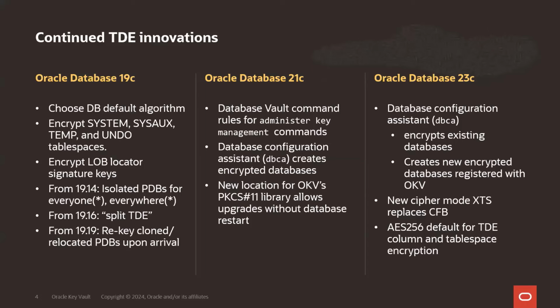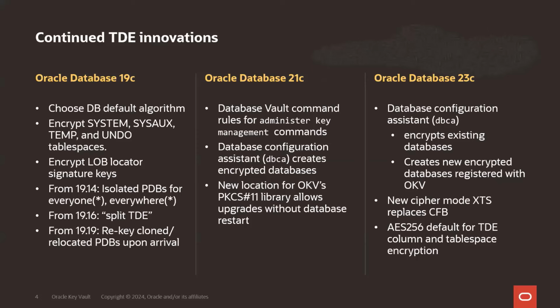And the source PDB is encrypted with AES 128, but you would like to use AES 256. You can rekey this PDB on the fly, and by the time the relocation or the cloning process has completed and the PDB is in your target container, it will be encrypted with AES 256.